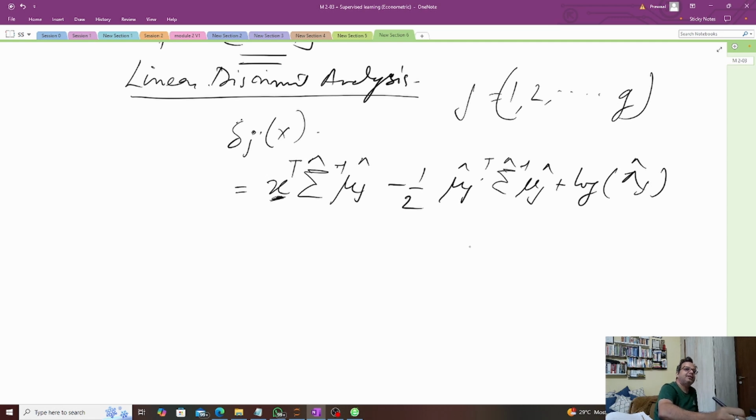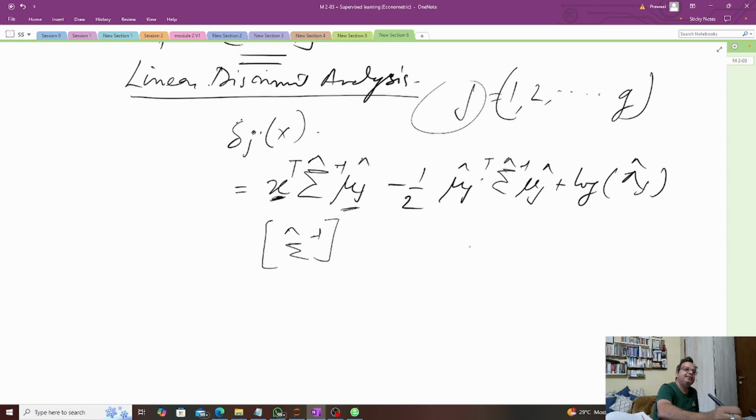So the feature vector is x1, x2, x3, a vector of all of those things. Mu j is the vector containing the means of the predictors. And this symbol that you see on the top, the minus 1, is the inverse of the matrix.